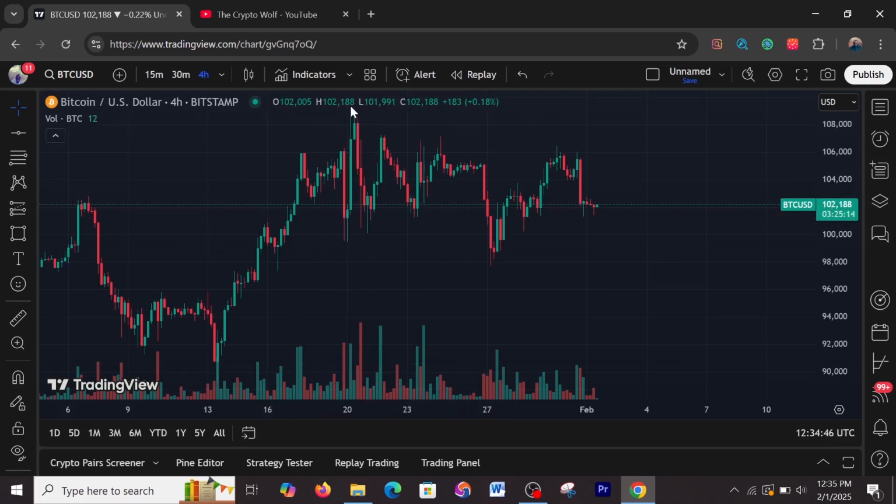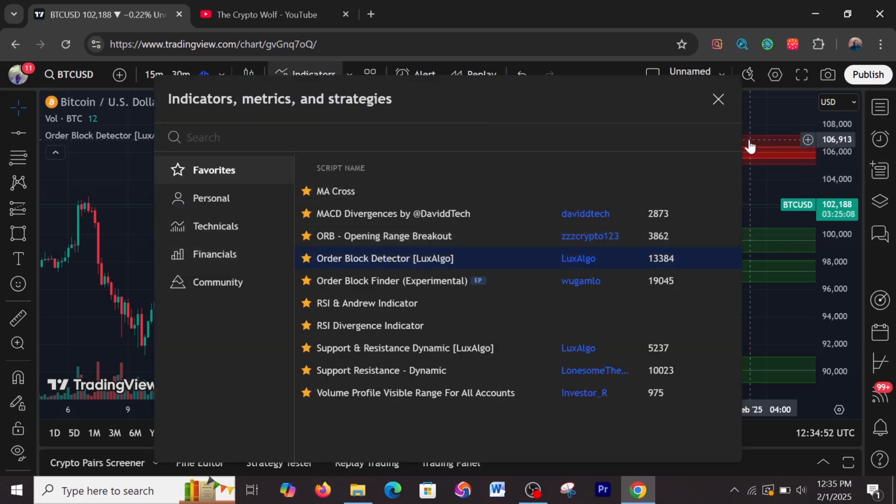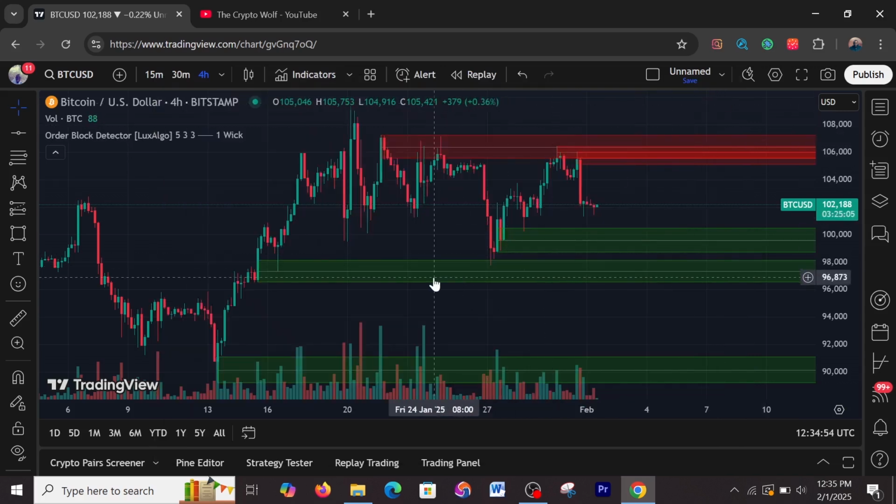So the next indicator is the order block detector indicator. The order block is areas of significant trading activities, which often act as future areas of support and resistance.